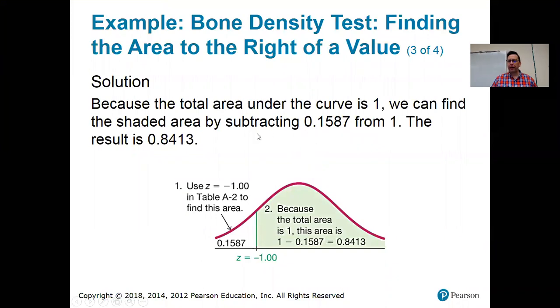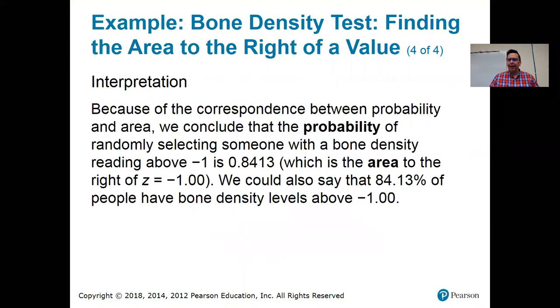That's why you subtract that area from 1. So your answer is 0.8413. It is not 0.1587, so be really careful about that. So the probability of randomly selecting someone with a bone density greater than -1 is 0.8413. So about 84.13% of people have a bone density test in the normal range, right? That's how they pick the -1.